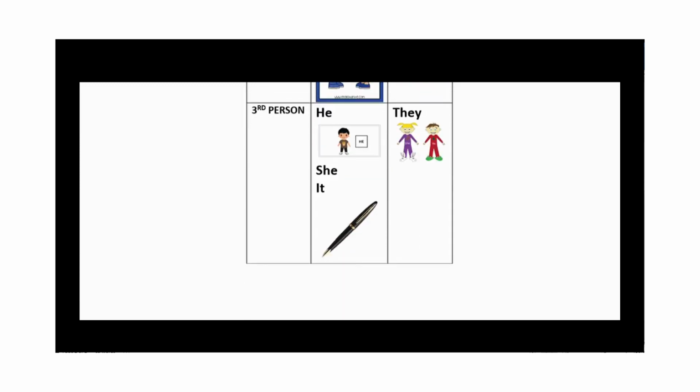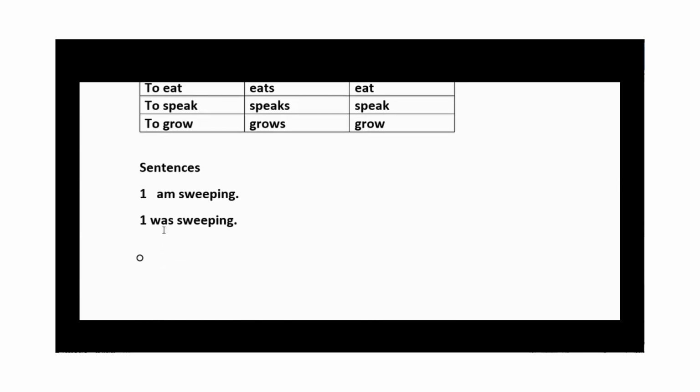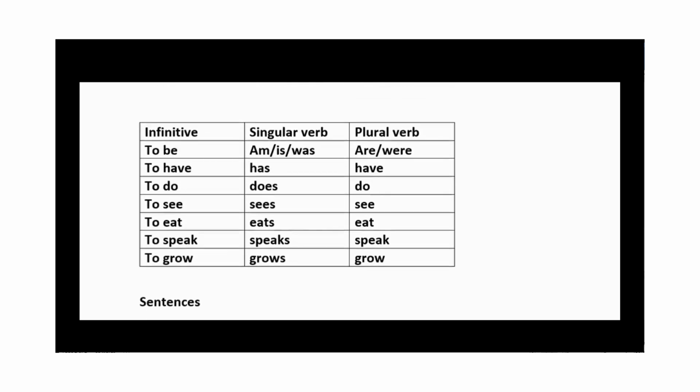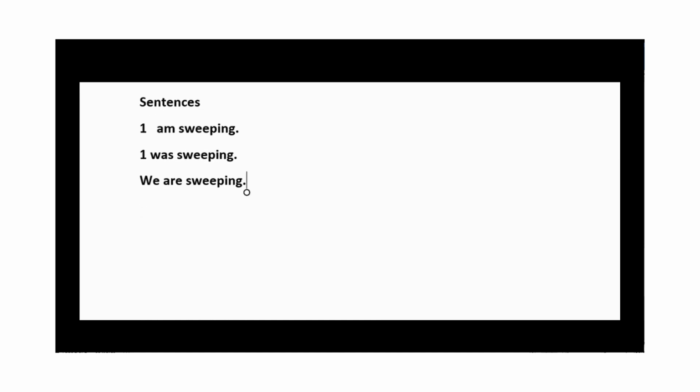The verb will change to are for the plural present tense. We will have we are sweeping. And for the plural past tense, we will have we were sweeping.